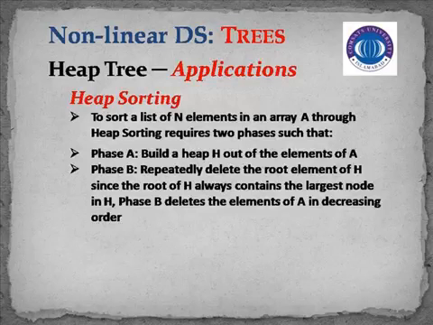Dear listeners, to sort a list of n elements in an array A through heap sorting requires two phases such that phase A builds a heap H out of the elements of A. Phase B repeatedly deletes the root element of H. Since the root of H always contains the largest node in H, phase B deletes the elements of A in decreasing order.